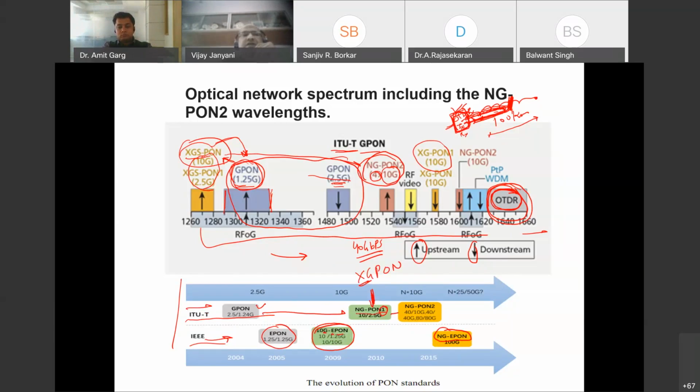Because what we are discussing here, if you see the heading, is NG-PON 2. XG-PON with 10 gig bandwidth is sometimes called NG-PON because you can call anything next generation PON. So NG-PON 1, whereas NG-PON 2 is 40 gig, that is 4 times 10 gig. So that is NG-PON 2.